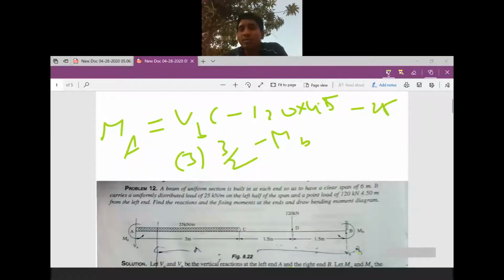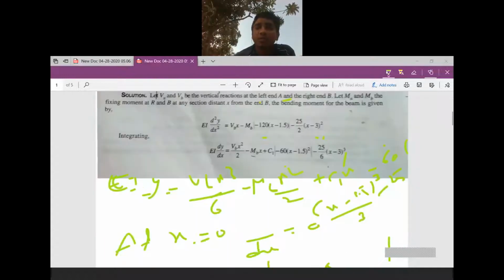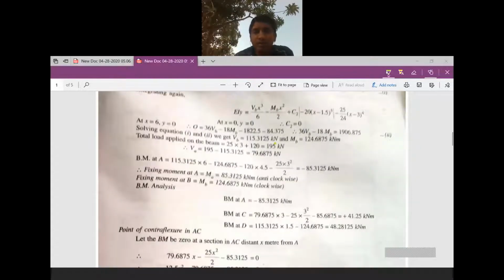Substitute all these values, and you will get the value of moment about A. Here he is calculating 115.31, that is VB into 6 minus 124.66 minus MB minus 120 into 4.5, 25 into 3 square by 2.